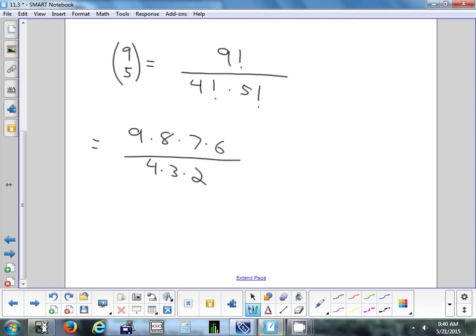Now everything there should reduce, and you can do it any way you want. Doesn't matter how you do it. Do 4 into 8, do 3 into 6, and then do 2 into 2. So in the top, you're left with 9 times 1 times 7 times 2.